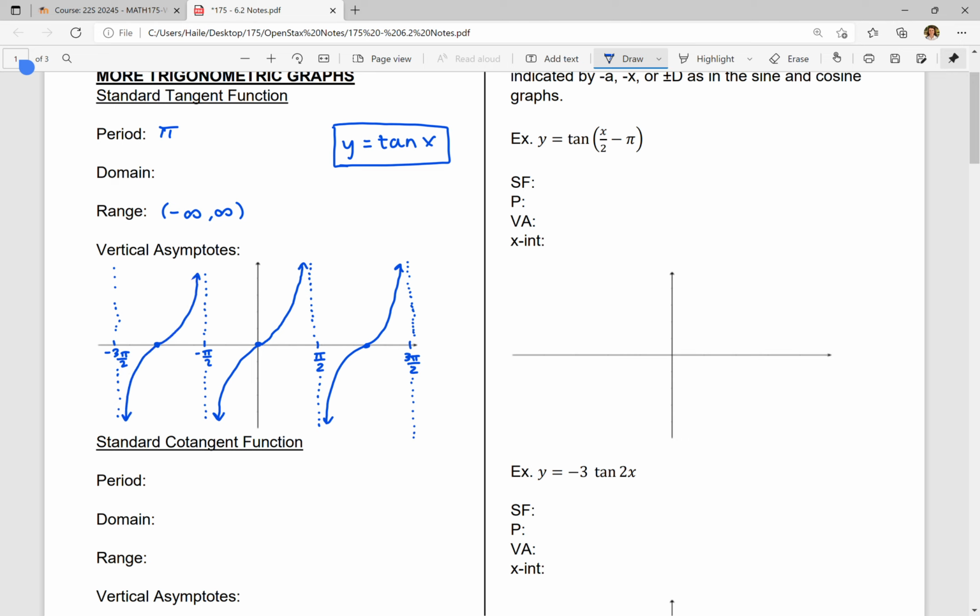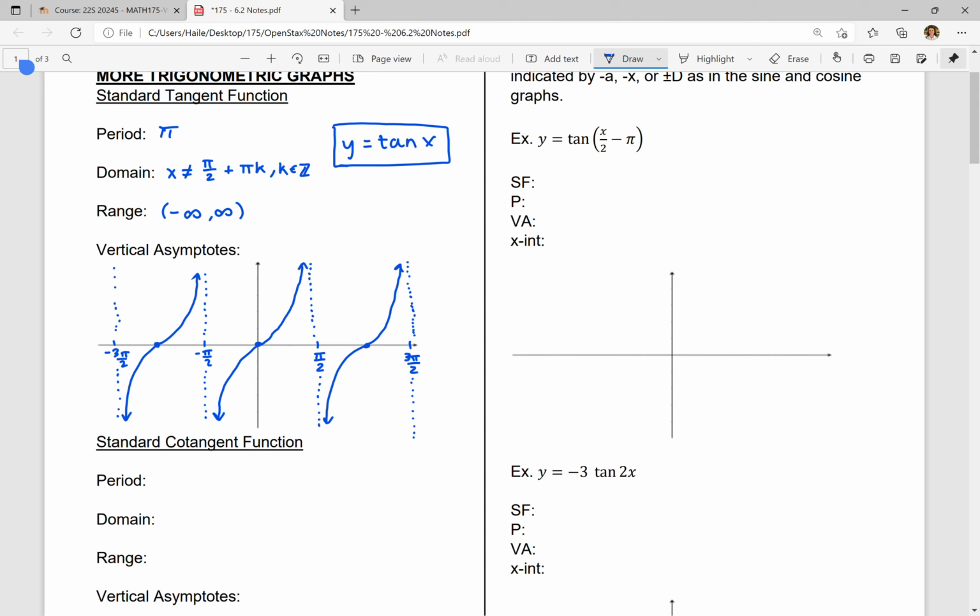Okay, so let's talk about how to write the domain. The only numbers that we cannot plug in as x values are these odd multiples of pi over 2. So the way that we write this is we say that x cannot equal pi over 2 plus pi k, where k is an integer.